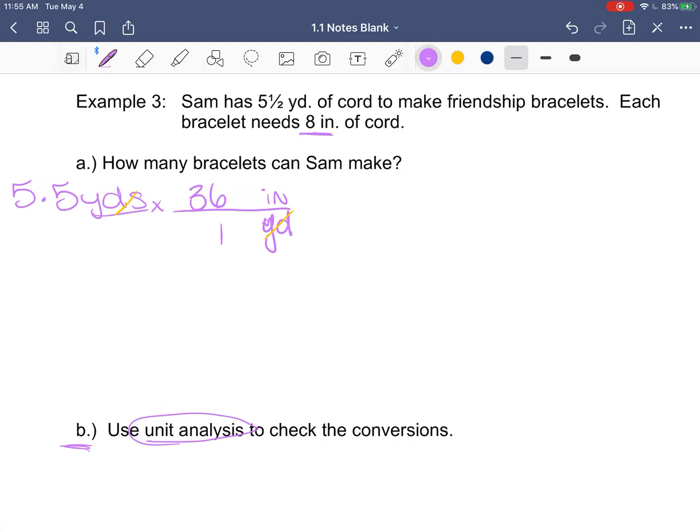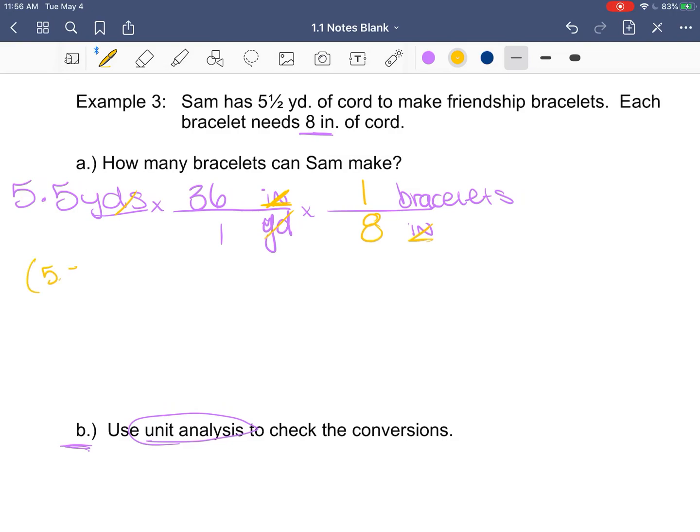So now we're in inches, but we want to go essentially to bracelets. So inches to bracelets. We were in inches, we want to get rid of them, so we're going to put them in the opposite spot. We know for every 1 bracelet, we need 8 inches of cord.